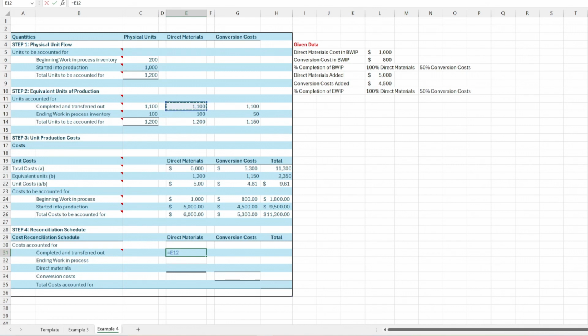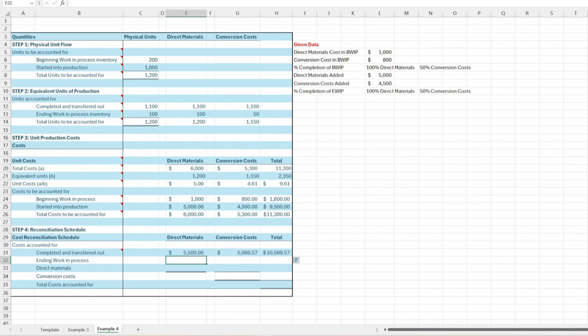This is the amount of units times, and you can do this with a star, times your unit cost for direct materials. So it'll be 5 in this case, and that gives you 5,500. We do the exact same thing for conversion cost. So we find our completed and transferred out units times our unit cost. And then we could just sum this up.